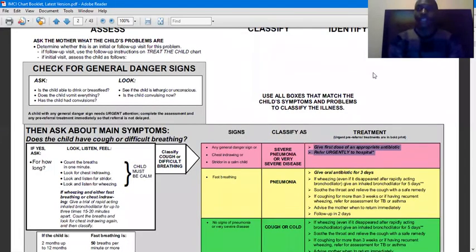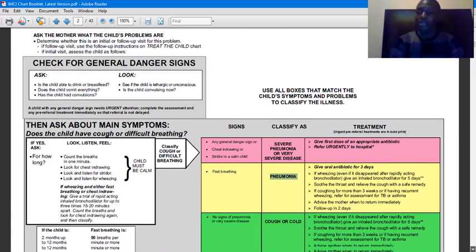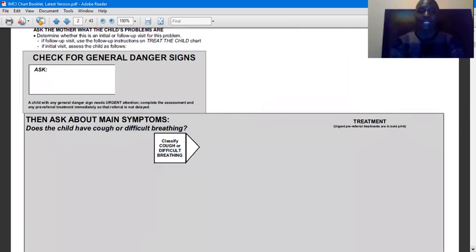Then, according to the same IMCI, if the child presents with cough or difficulties in breathing accompanied by fast breaths, you classify it as pneumonia. So how would you know that this child has fast breaths?